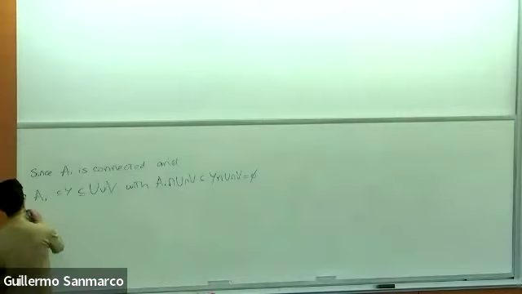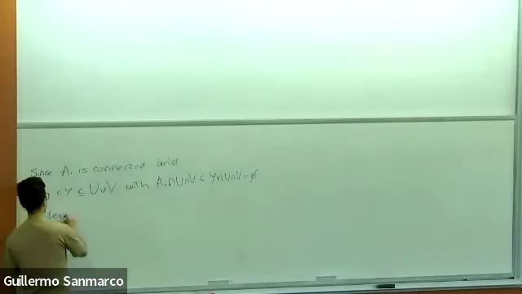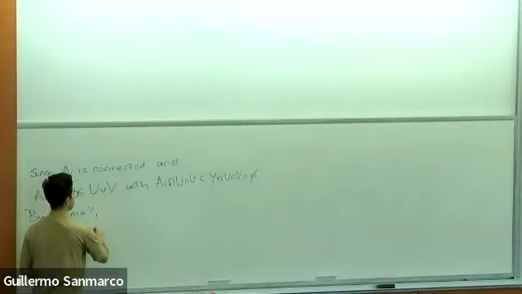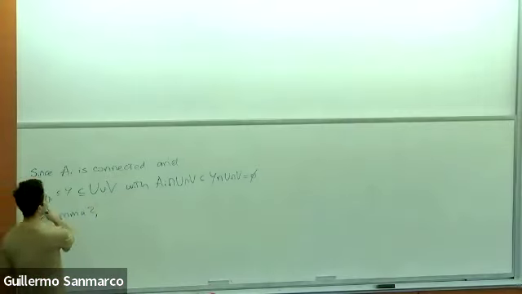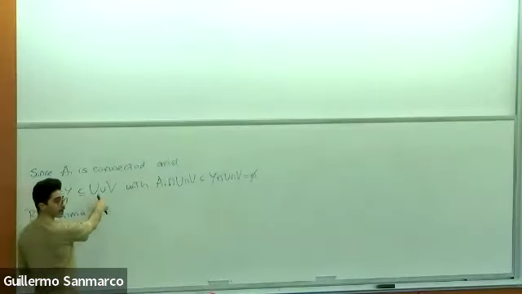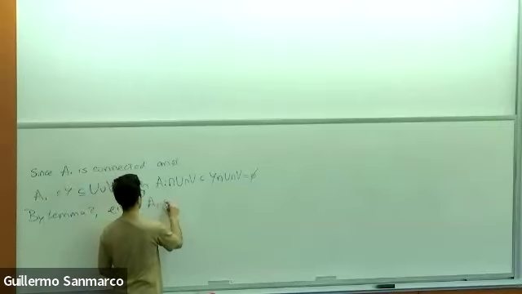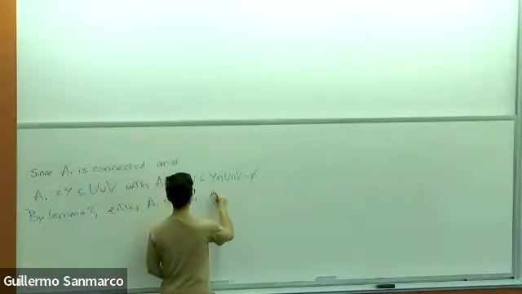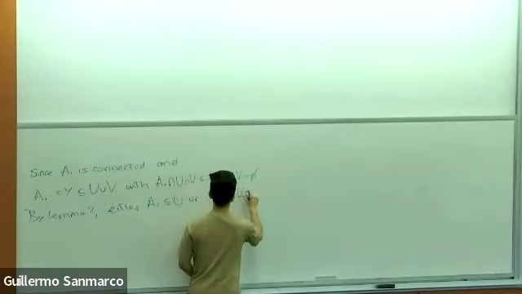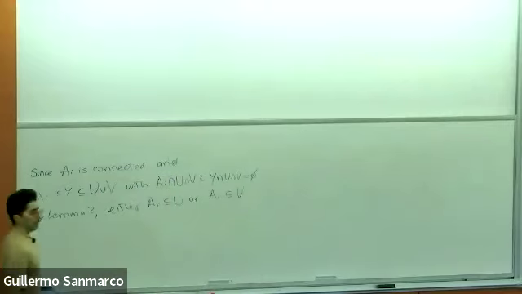By our lemma 2, either A_i lives in the first one or in the second. Okay, so this is an argument we should use, but what's the problem with this argument?